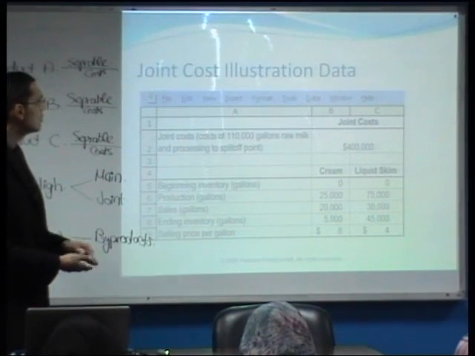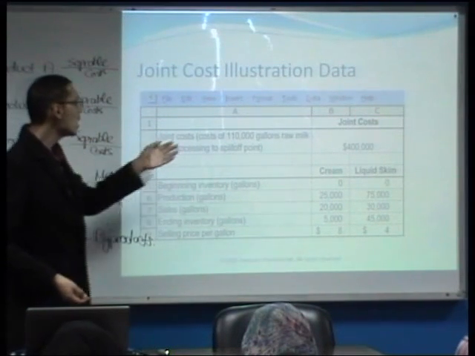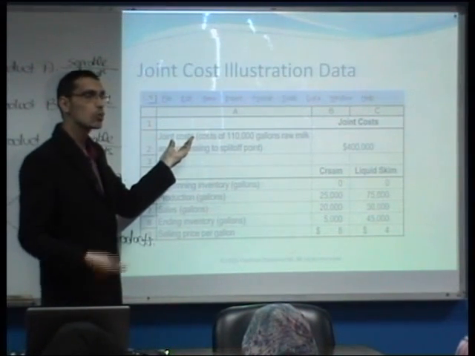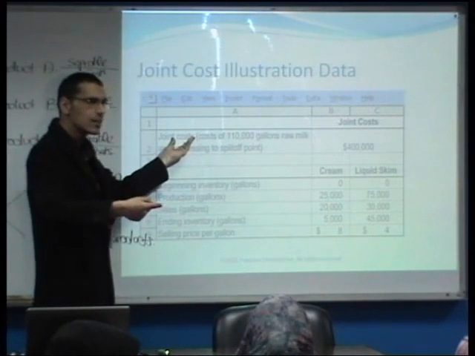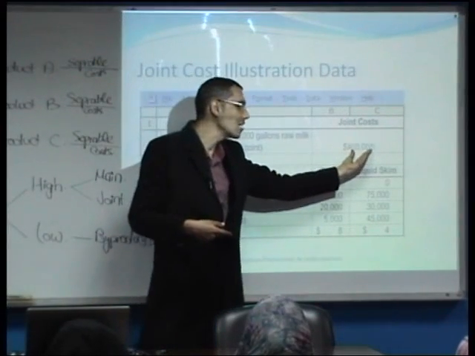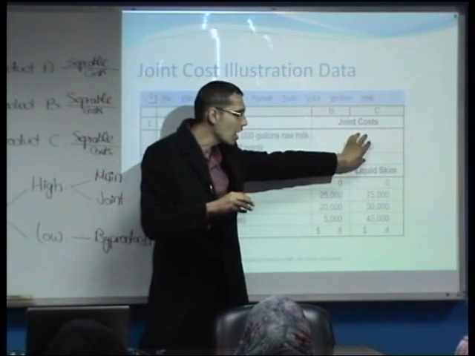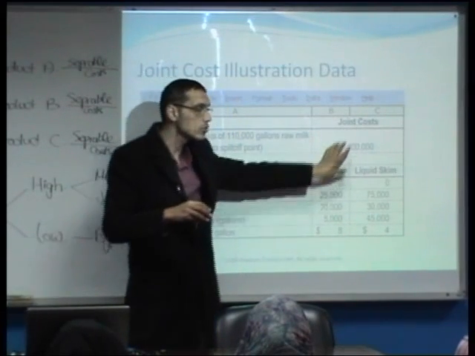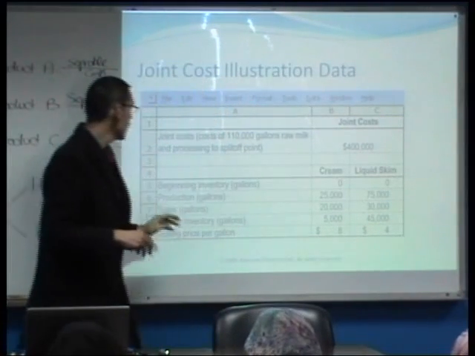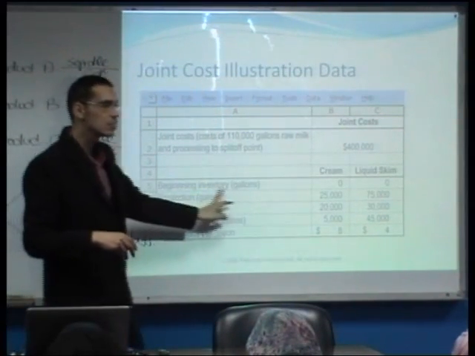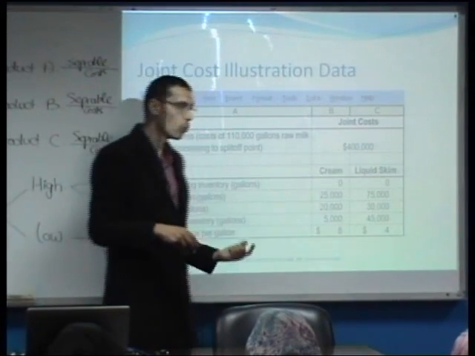As we can see here, we have this illustration data. The joint costs, or the processing of the 110,000 gallons of raw milk, will cost us $400,000. Now we need to divide this $400,000 onto the two joint products, the cream and the liquid skim. Of course, we do not have any beginning inventory, which is in gallons, therefore we have 0 for both.